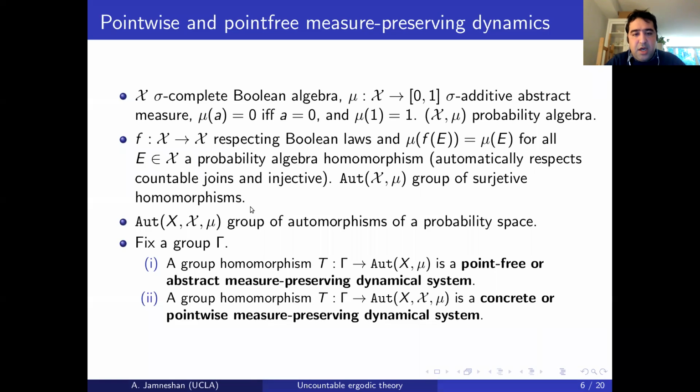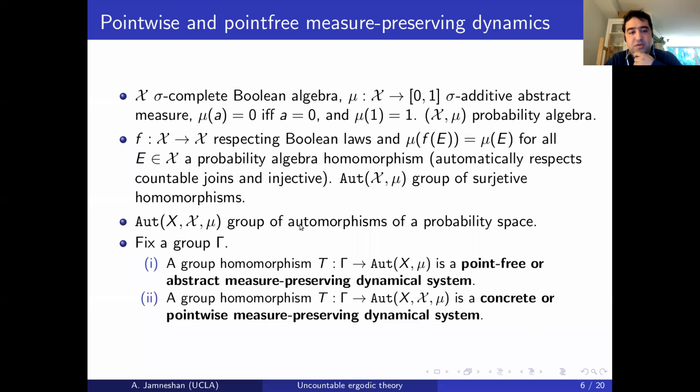So similarly, we can define the group of automorphisms of a concrete probability space. So this is just all measurable isomorphisms such that the inverse is also measurable, and both the transformation and its inverse preserve the measure. Okay, so that's also a group. That's a concrete group acting on points of X. And we can think of this automorphism group as an abstract group of measure preserving transformations.